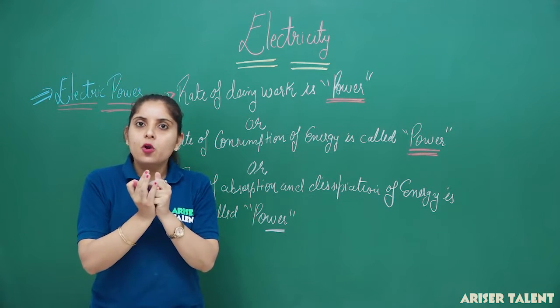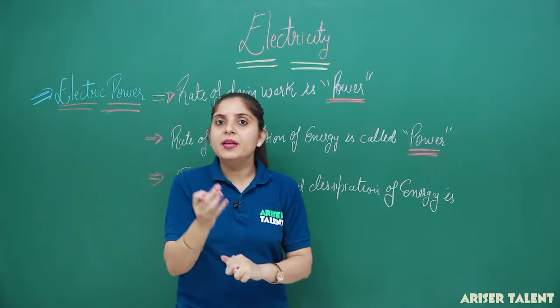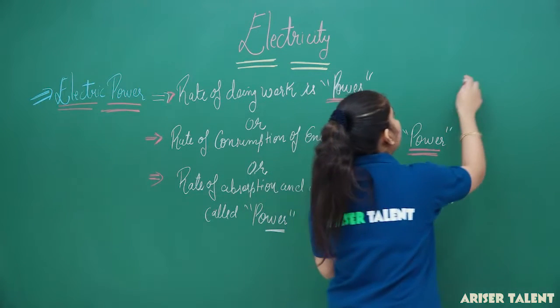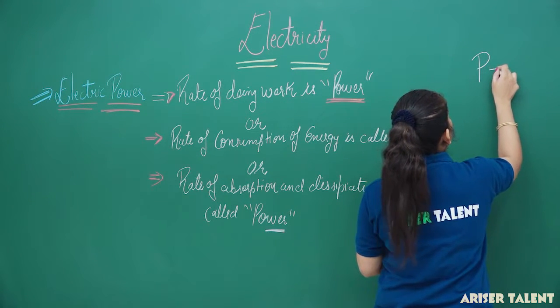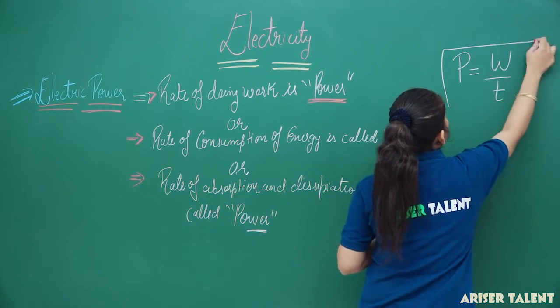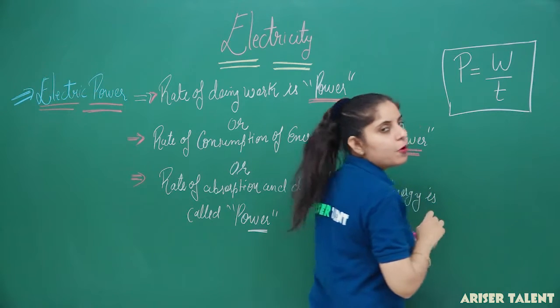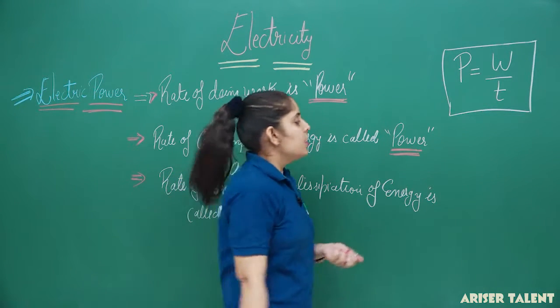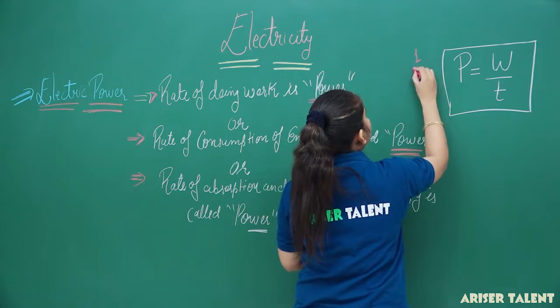Power is denoted by the symbol P, and it is the work done per unit time. So this is the first formula we have.